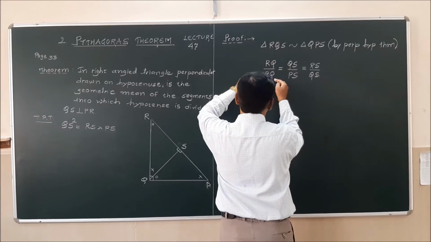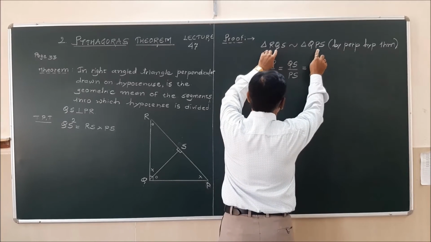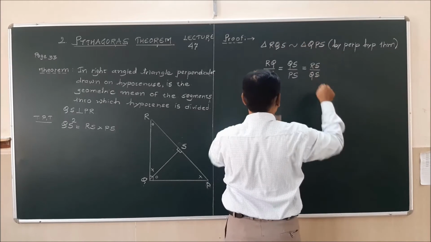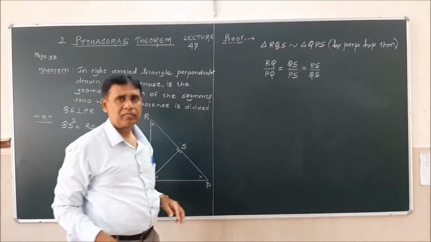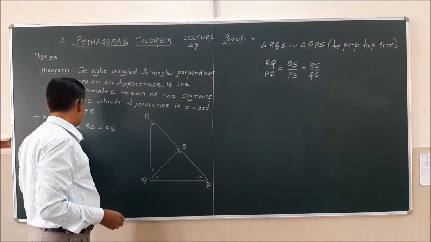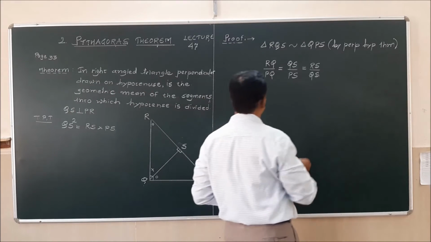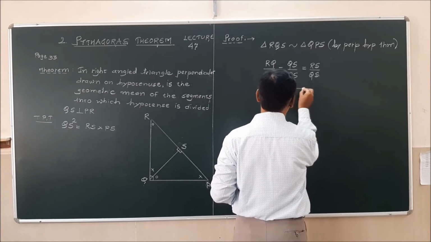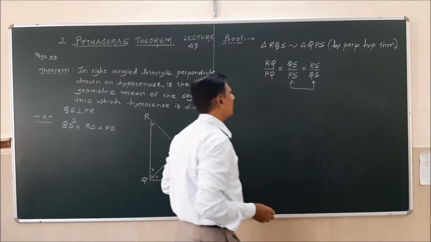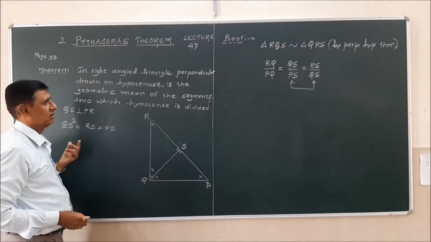QS, PS is here. The first and the last, here also first and last. Fine. The next step is, what result we need? QS square. So to get QS square, we can equate these two ratios, because our aim is to get QS square.